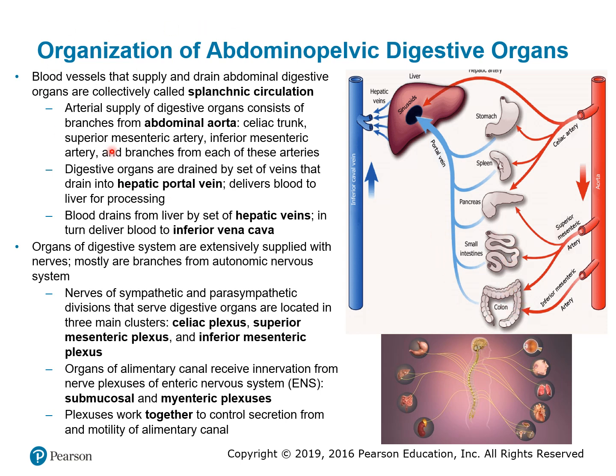So you start off by looking at the abdominal aorta, which is going to supply these organs, which is here. It supplies these organs through the celiac artery, which supplies the stomach, the spleen, and the pancreas with blood or nutrients.